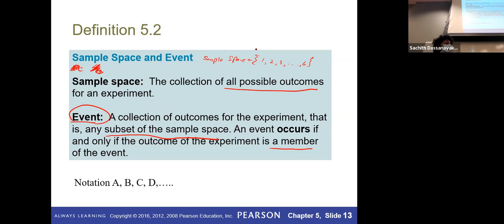My event is having a tail. Can we consider it as an event or not? No, because it is not included in my sample space, or within all possible outcomes. Clear? So if it is an event, it is a member of that particular sample space, full set or small subset. It doesn't matter. Okay, clear?